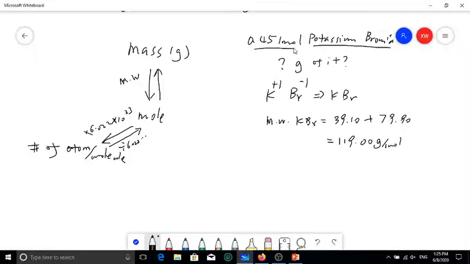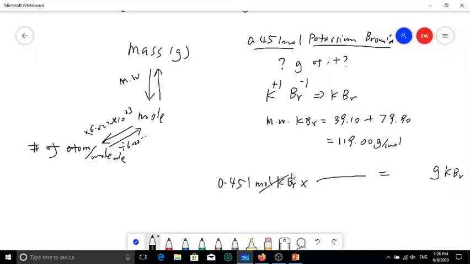Now you're starting from 0.451 mole KBr. You're trying to multiply 1 step, okay? We know that this is going from mole to grams. So at the end, we have grams of potassium bromide. Now, we're going to stick to the same principle as we have learned from the previous section or even earlier in the unit conversion.